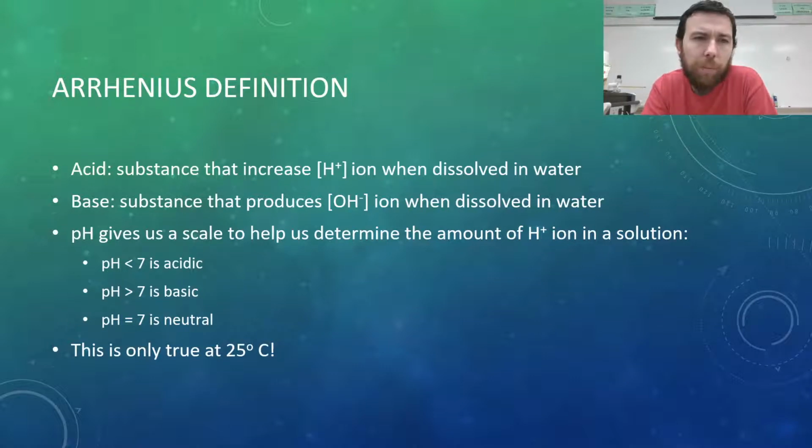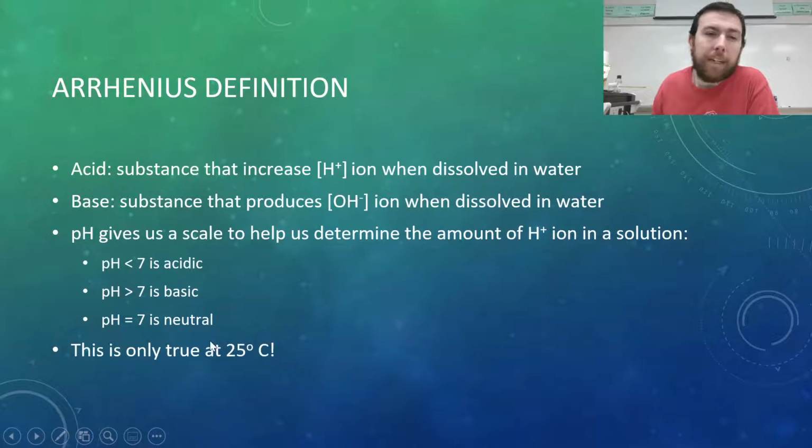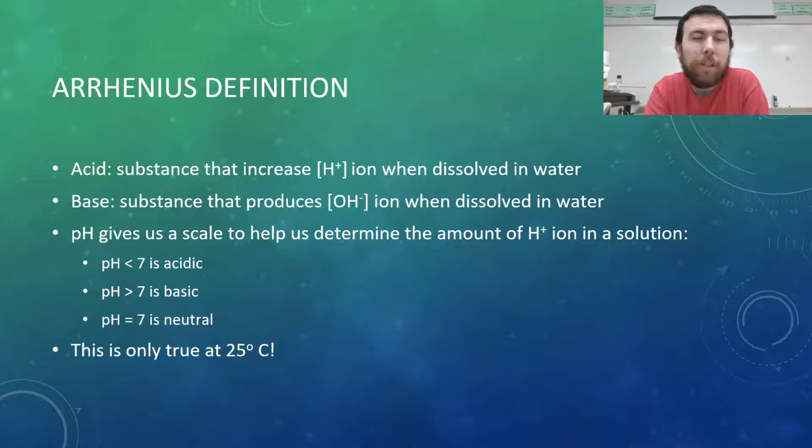And so you might have a larger range of pHs that are acidic or a larger range of pHs that are basic. That's going to depend on the temperature of your solution. Now, for our intents and purposes, at least for right now, we're going to be operating under the assumption that we're working at 25 degrees Celsius. So at 25 degrees Celsius, a pH of 7 is neutral. If they indicate that it's at a different temperature, then just remember the pH might not be 7 at that new temperature. Okay.